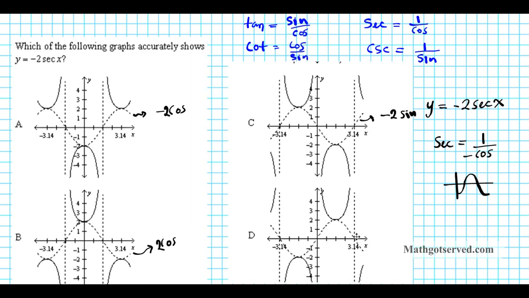And this one right here is 2 sine. So which of these accurately helps us determine y equals negative 2 secant? Since negative secant is dependent on negative cosine, option A will be our correct answer, because it accurately determines where our asymptotes are, which is basically the points where negative cosine x hits the x-axis, or has a value of 0. So there you have it.